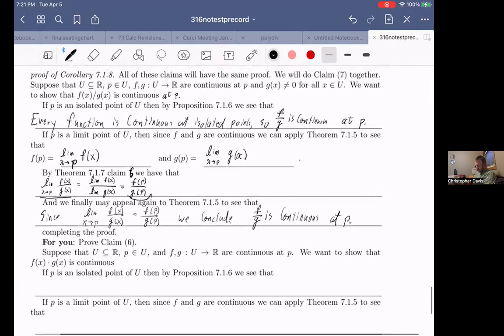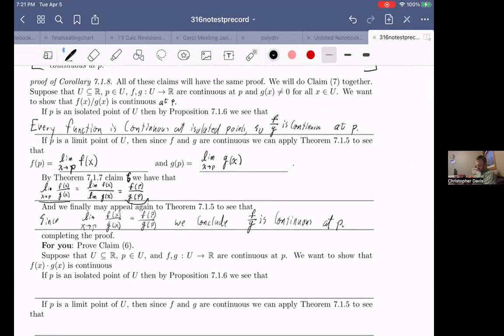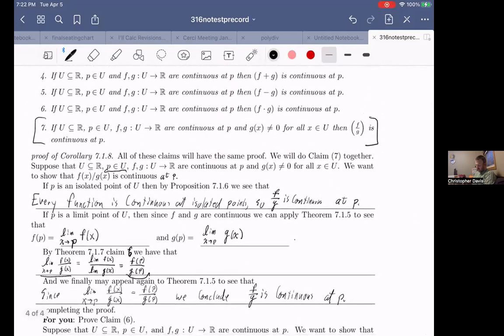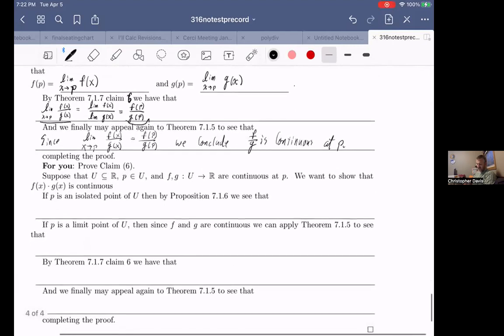All right, so we considered any point in the domain, with the functions being continuous at p and g of x not equal to 0. I concluded that f over g is continuous at p. That's exactly what I needed to do.